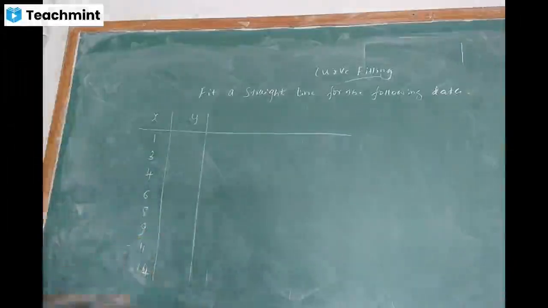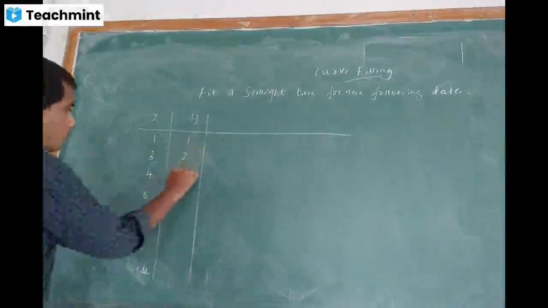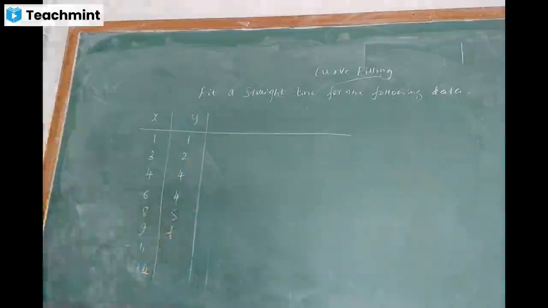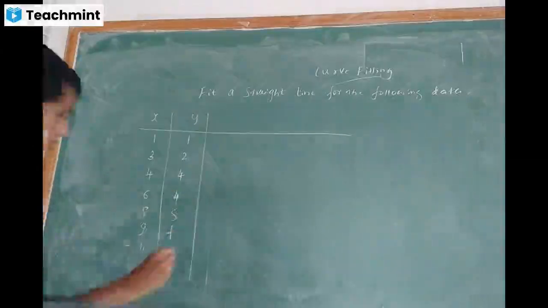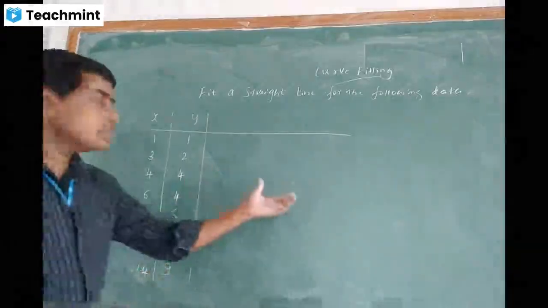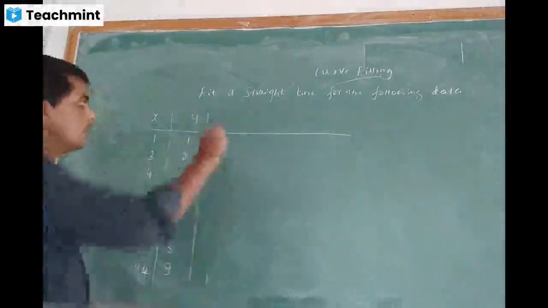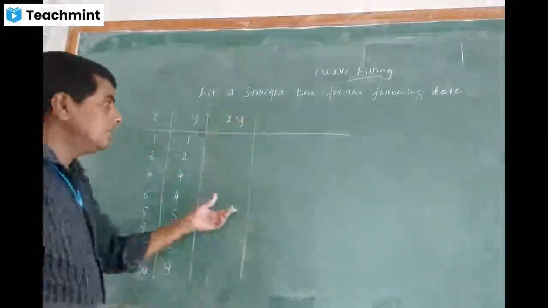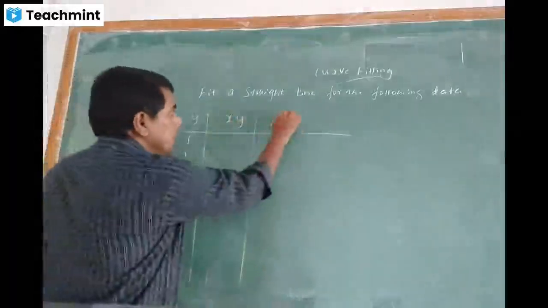Next, the y values are 1, 2, 4, 5, 7, 8, 9. With respect to the normal equations, we identify summation x, then summation y.